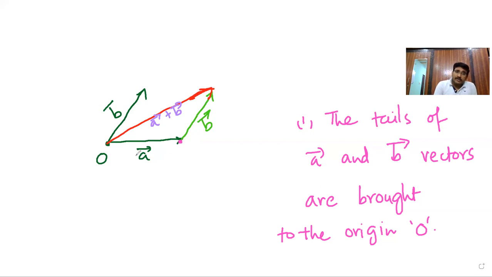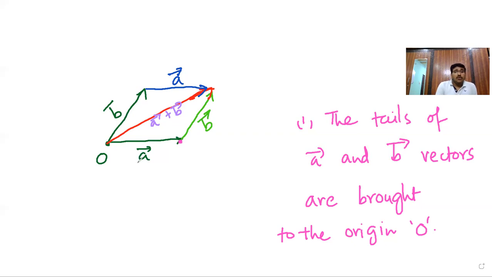I want to add A bar and B bar in another way also. Let us say I want to keep the A bar parallel to this parallelogram like this. Here I want to keep this A bar.